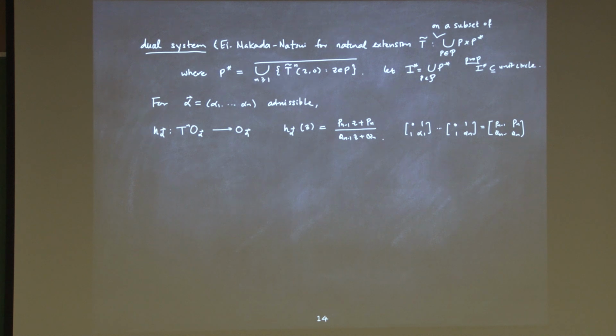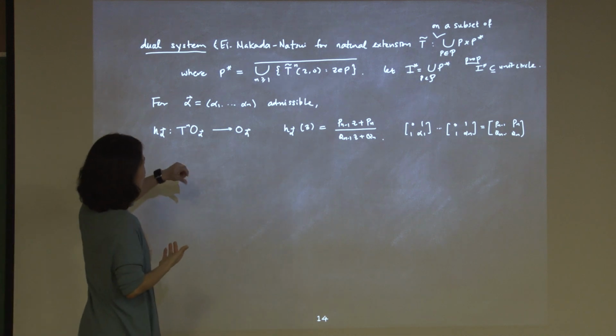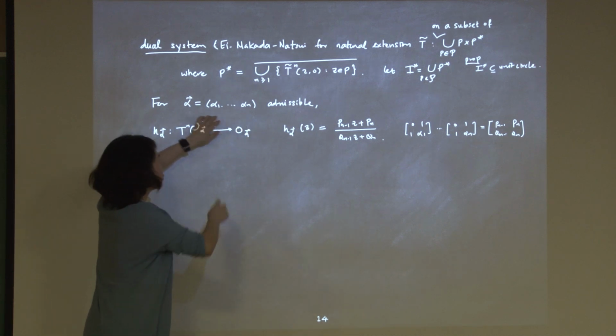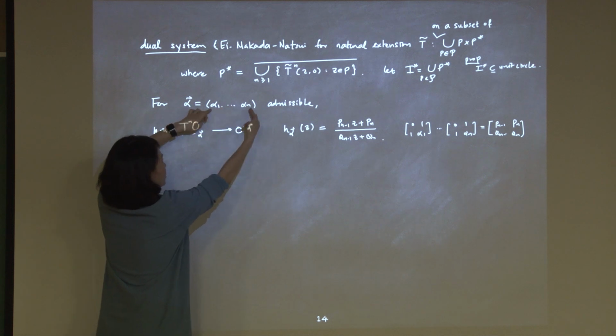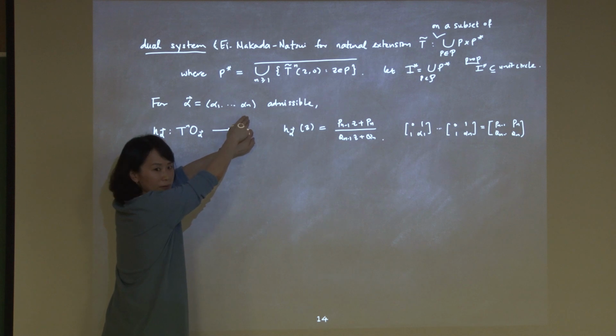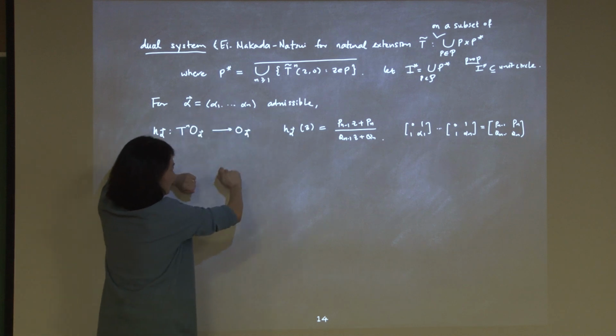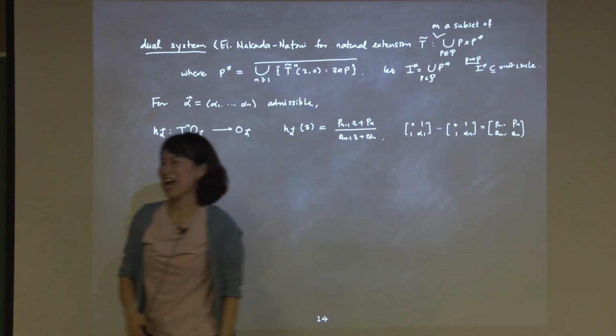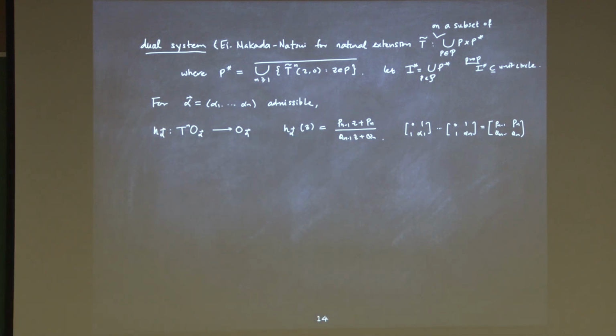So how do you see how it looks? We can use the fact that if you have alpha 1 to alpha n, you revert the order. So you start with alpha n, and you end with alpha 1. And that corresponds to P. So yes, I should stop in a couple of minutes.